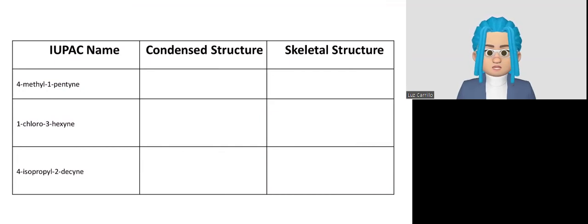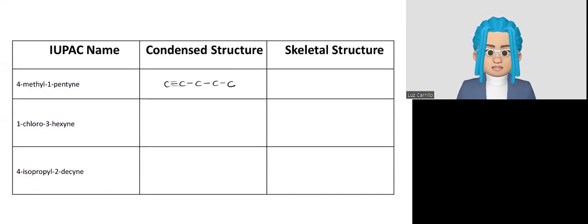If my alkyne is pentyne, that means that there's 5 carbons in a row in my parent chain. The 1 before the pentyne illustrates that there is a triple bond between carbon 1 and 2. At position 4, we have a methyl group.